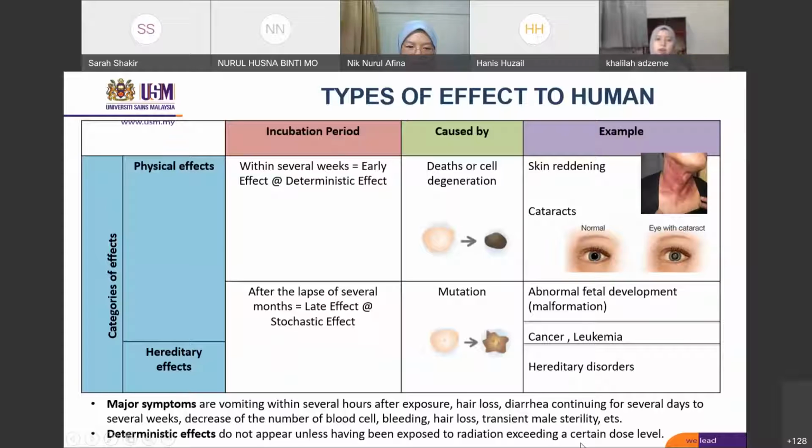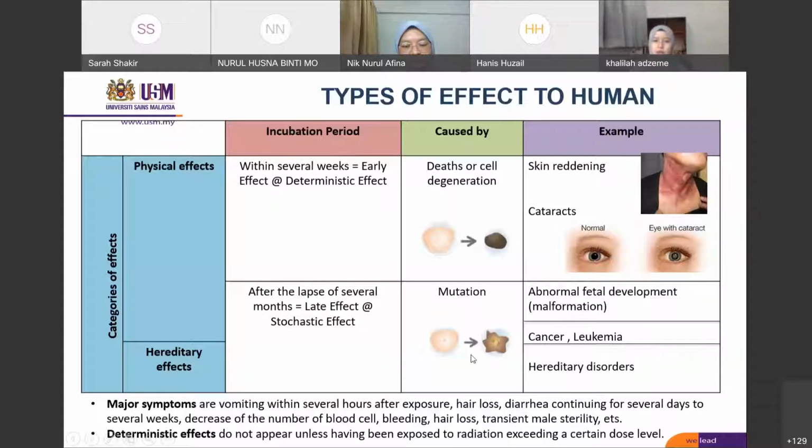On the other hand, stochastic effects are caused by mutation of cell genes, such as cancer and hereditary disorder. Radiation may damage the DNA, which may result in genetic mutation.